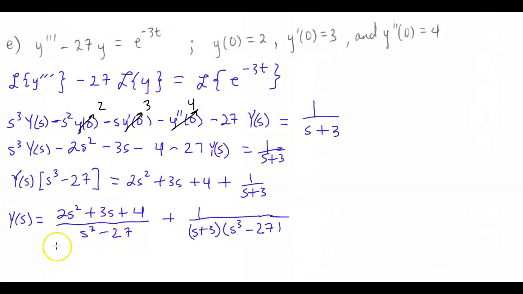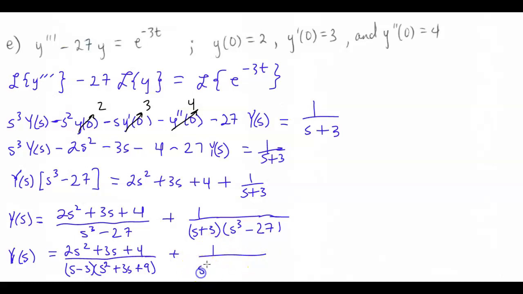So coming back here, we see that our big Y of s, this is just going to be s minus 3 times s squared plus 3s plus 9. And here we see this is s plus 3 times s minus 3 times s squared plus 3s plus 9.